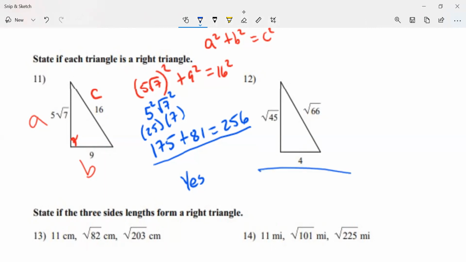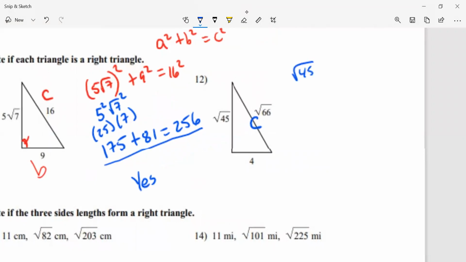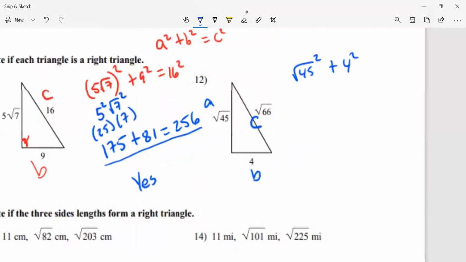All right, let's take a look at question number 12, our last question for today. I'm going to say my hypotenuse is this side. That's my hypotenuse. So I'm just going to go radical 45 squared plus 4 squared, because I call this A and I call this B, equal to radical 66 all squared.